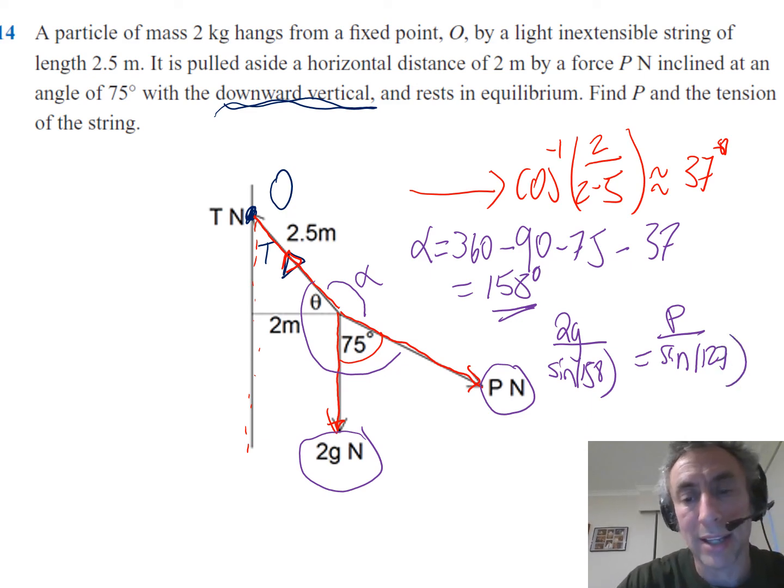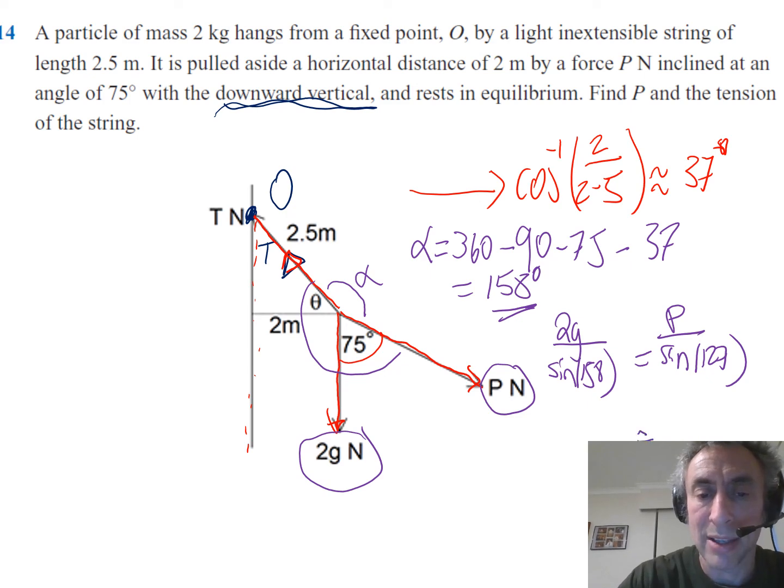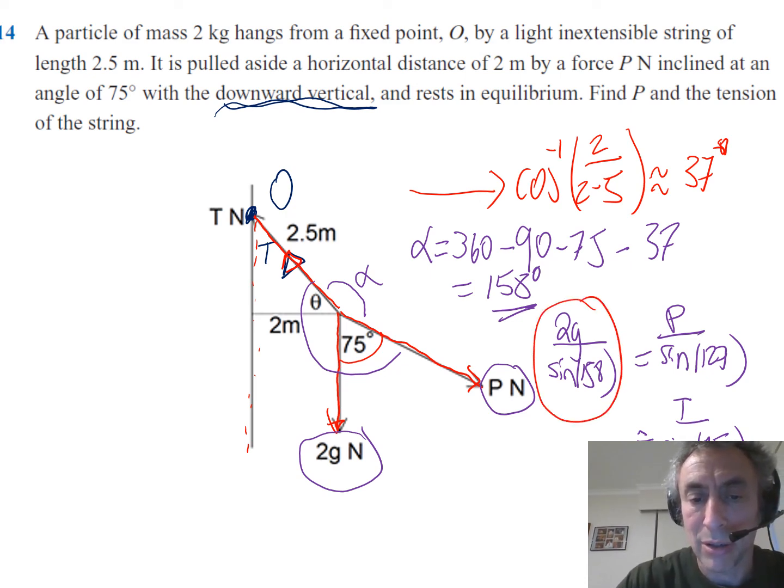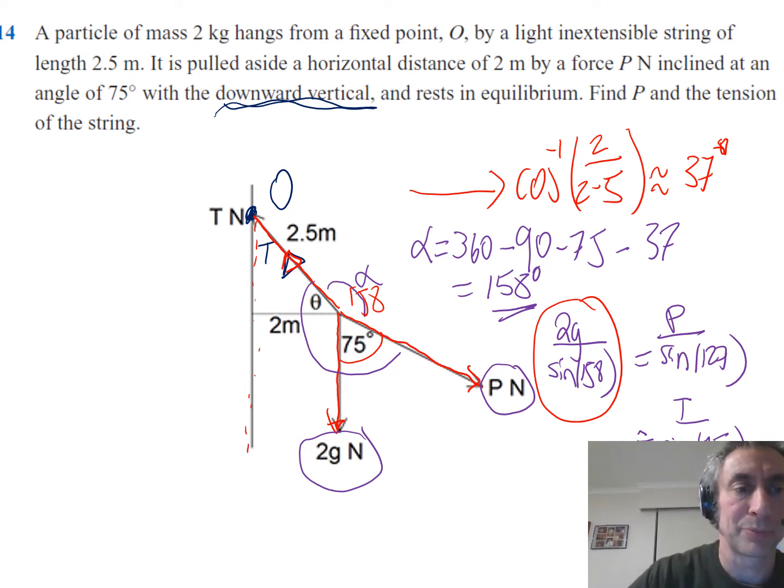I can solve that ratio equation for P, and of course that's going to be the same thing as the tension force divided by sine of 75. So from this one ratio, 2G is to sine of 158, I can work out P and T fairly quickly via Lami's theorem.